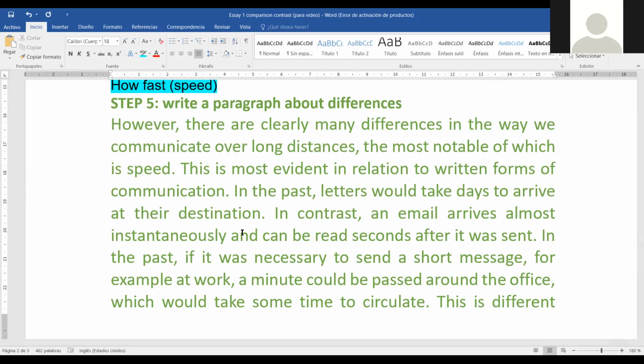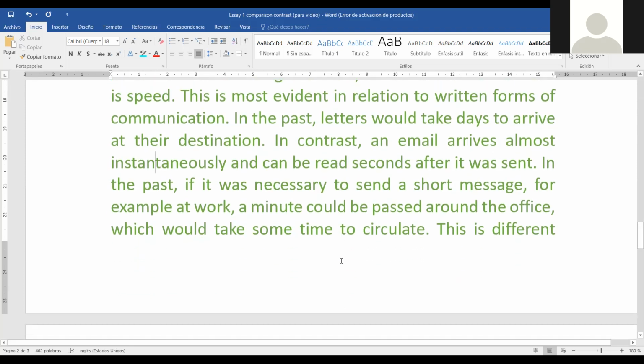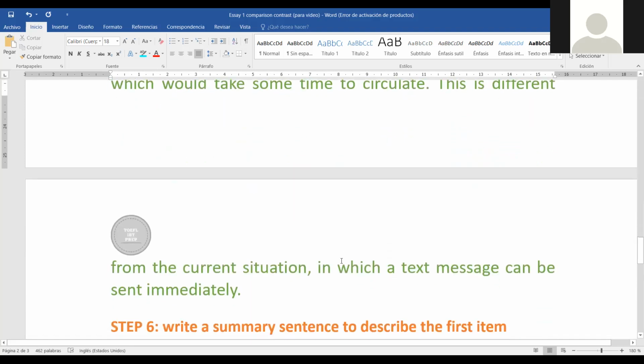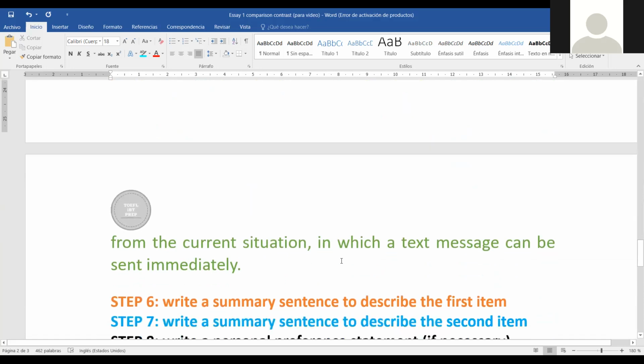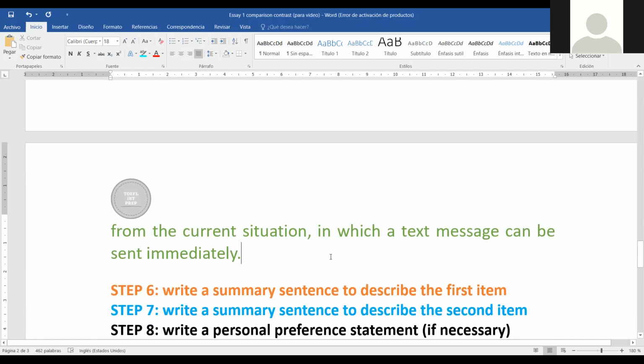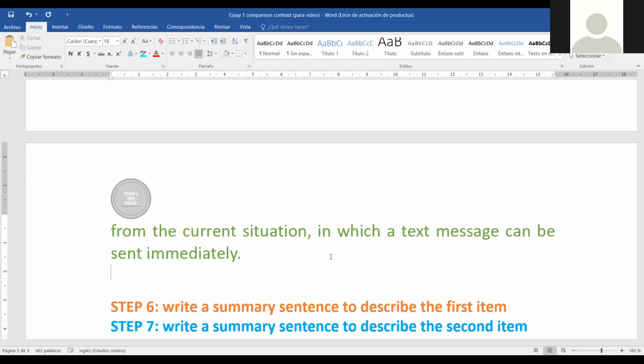In contrast, an email arrives almost instantaneously and can be read seconds after it was sent. In the past, if it was necessary to send a short message, for example at work, a minute could be passed around the office, which would take some time to circulate. This is different from the current situation, in which a text message can be sent immediately. That is one difference that Luis mentioned.